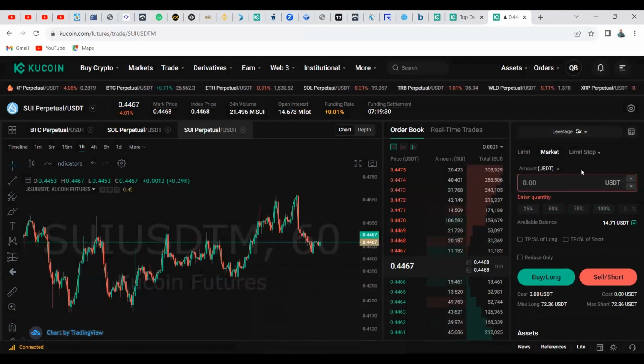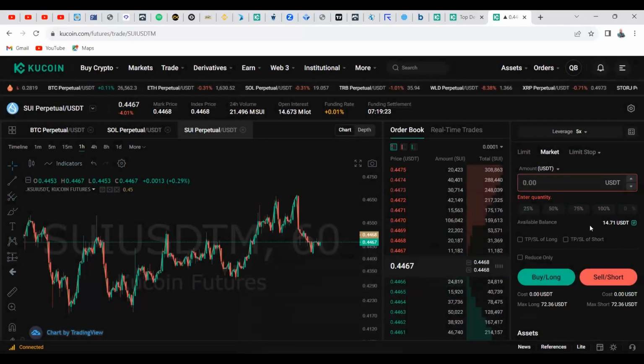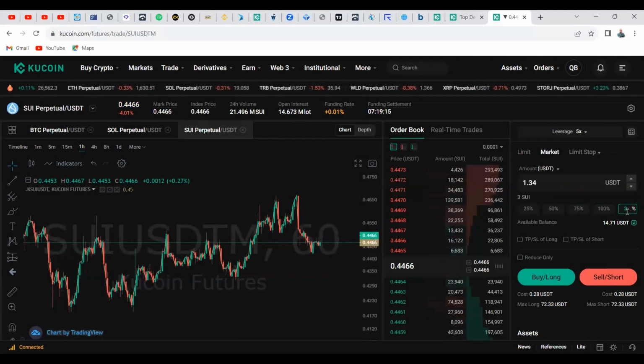So for example, I want to trade by value, not by amount, and then I simply click over there. If I wanted to use all of my USDT to trade, let me just show you guys something. If I wanted to trade with all my USDT, then I would come here and place say 14.71 USDT.